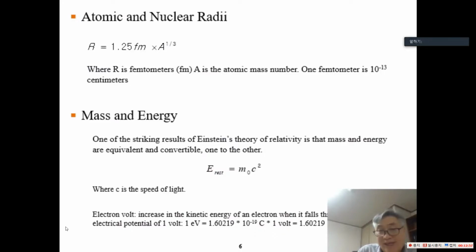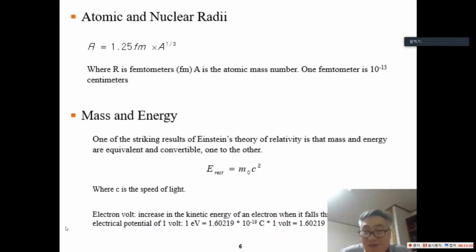So unit charge is 1.6 times 10 to the minus 19. You already memorized that. That is a coulomb. Coulomb per second means ampere, right? So coulomb times 1 volt, that is 1 electron volt.